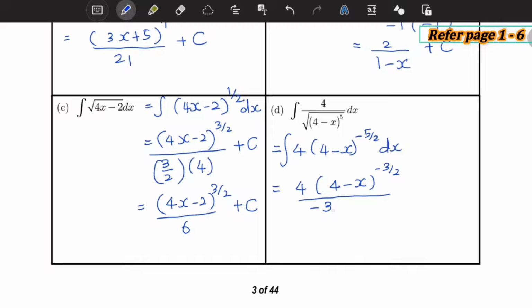Divide by new power, negative 3 over 2. And differentiate the function, the bracket. We have negative 1 plus c. And as the final answer, we need to simplify, and we will get 8 over 3 times (4 minus x) power of 3 over 2 plus c.